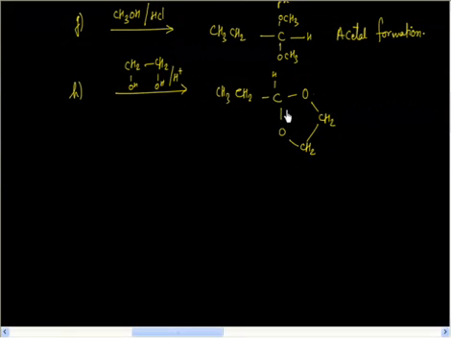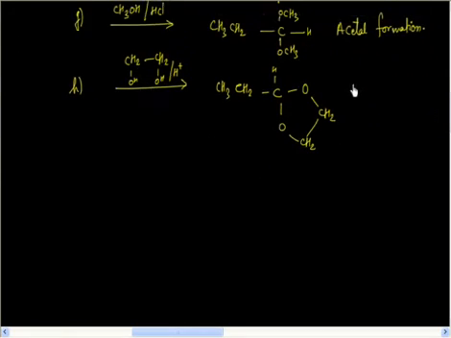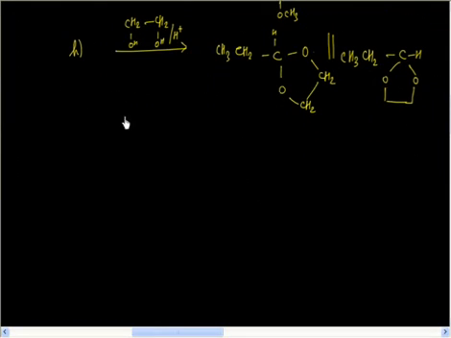So basically you can write it in a ring form, CH3CH2 and then CH, and here you can have O. Sometimes this form is generally easier to write. So this is the same thing. This is an example of intramolecular acetal formation reaction. Are you getting?